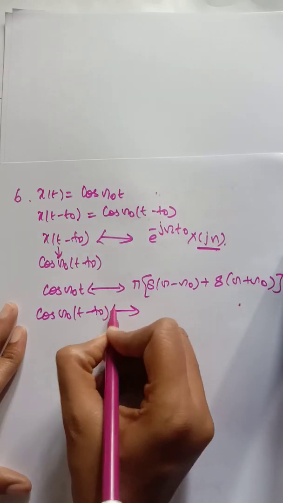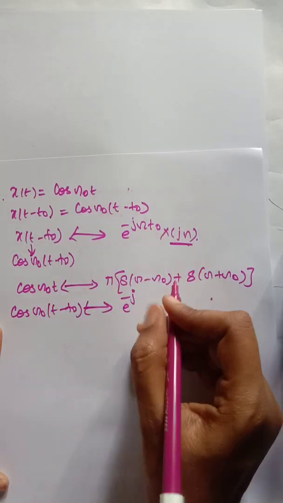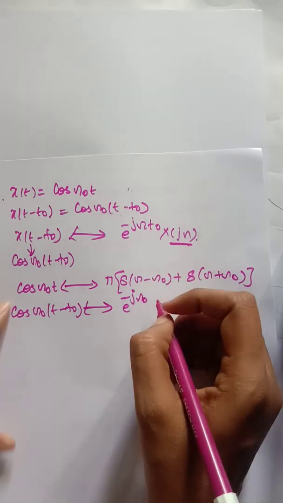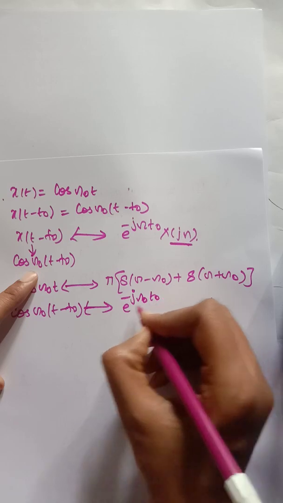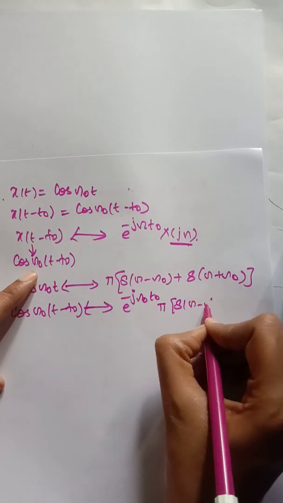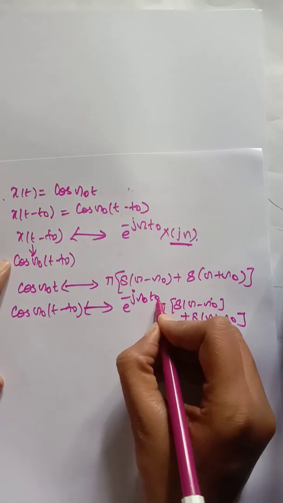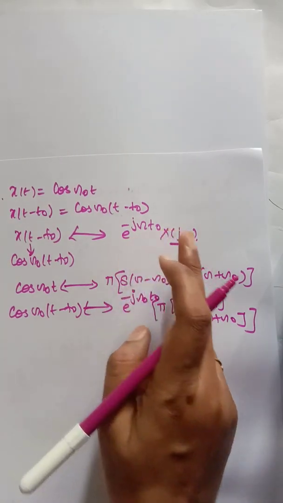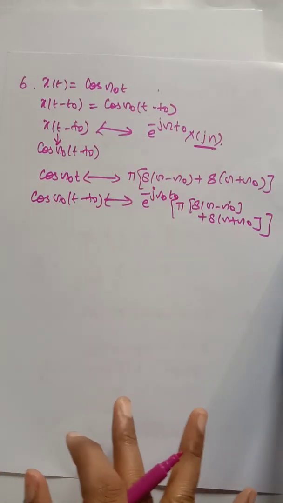So you will get e power minus j ohm t naught into pi del of ohm minus ohm naught plus del of ohm plus ohm naught. So like that you have to apply the properties and simplify it.